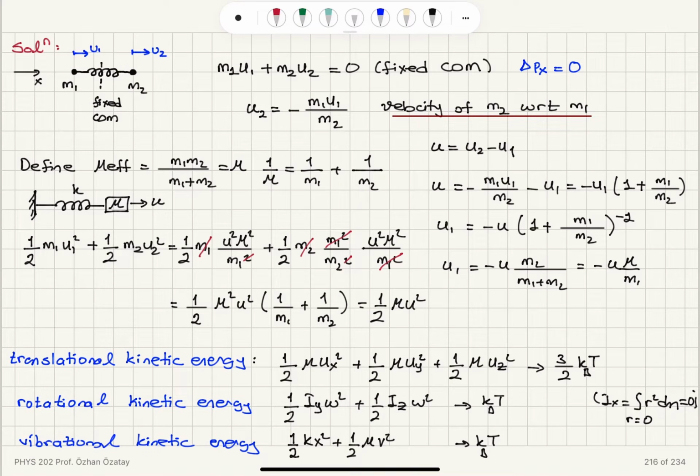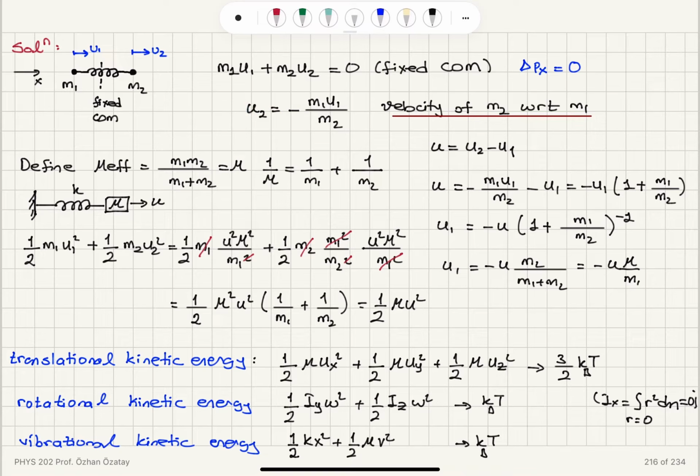Now, when I look at the hydrogen molecule, I can analyze this from the fixed center of mass point of view, because I have no external forces acting on the system. The linear momentum is conserved. I can write the velocity of the second atom with respect to the first one. It is minus m1 u1 over m2, and the relative velocity is u2 minus u1.